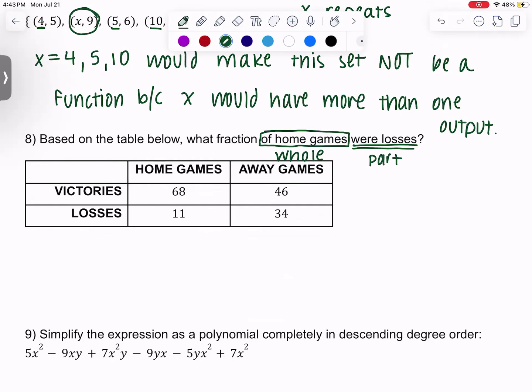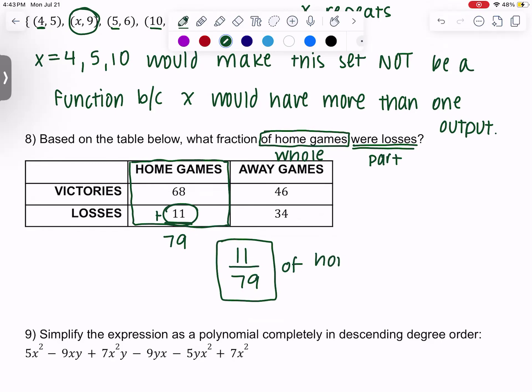So first we calculate the number of home games, 68 plus 11. We go down this column. That's 79. Circle the amount of losses in that column, 11. And your fraction is 11 out of 79. 11 out of 79 of home games were losses.